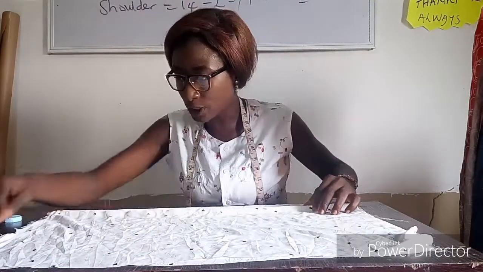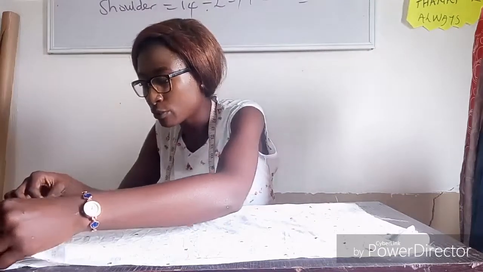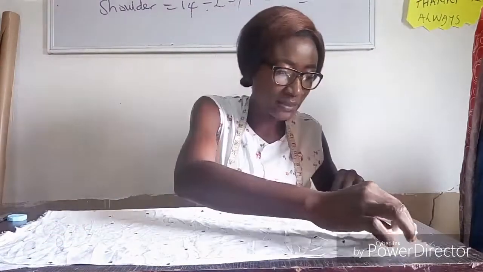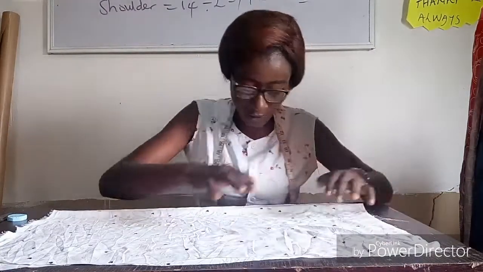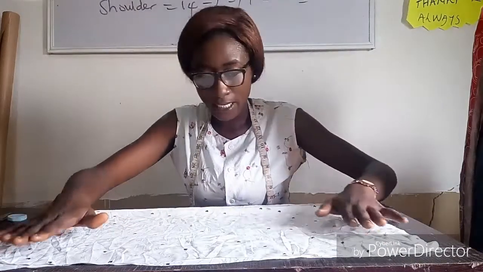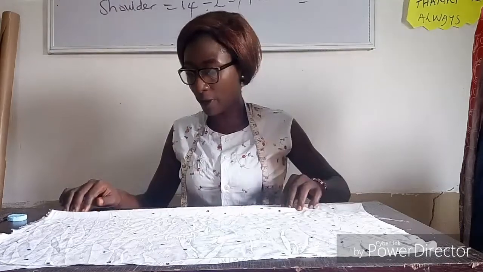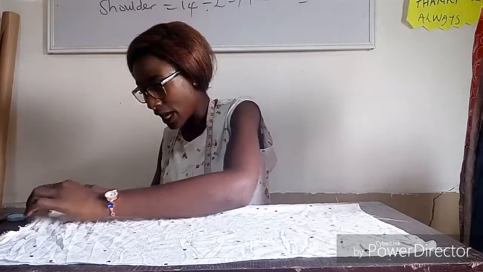Okay, so normally for a normal top, the back is always bigger because of the zip allowance, but for a shirt your front is always bigger. Okay, so we are going to have this. Now this is the front panel, is bigger with about 2 inches, and this is our back panel.